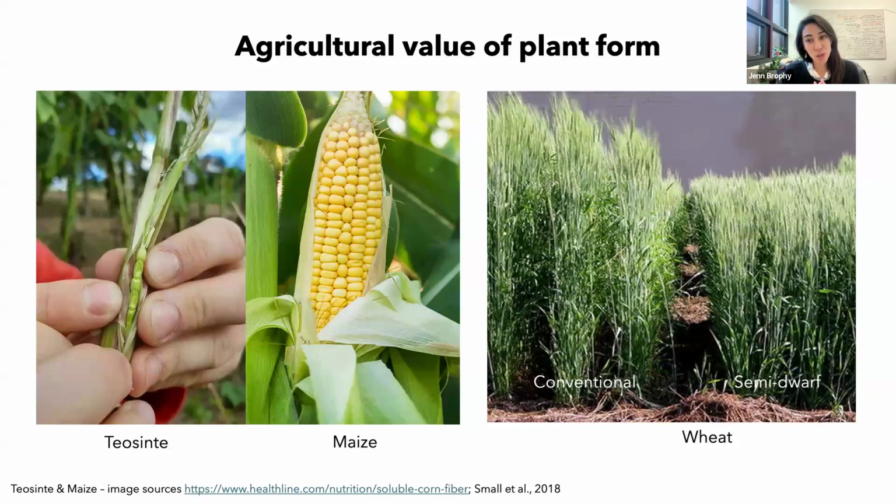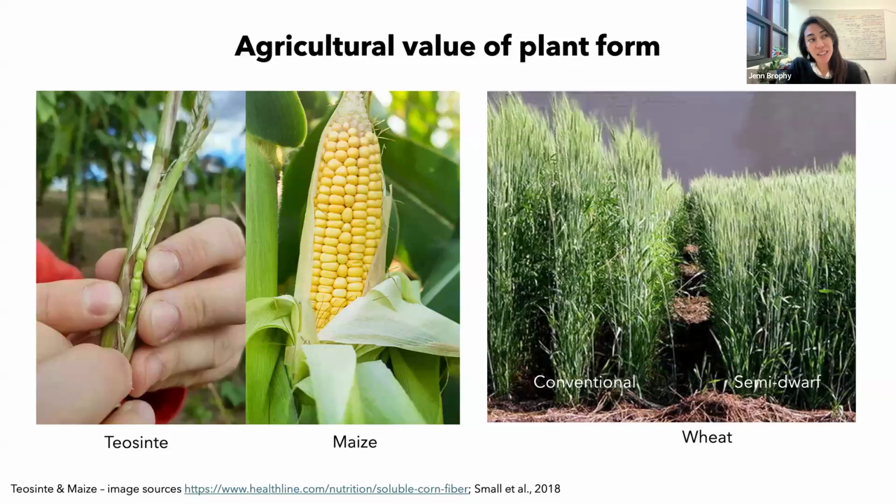On the right is a dwarf wheat plant, which helped usher in the Green Revolution by allowing farmers to apply massive amounts of fertilizer to their fields and get an increase in grain yield instead of just more straw biomass. What's exciting about these two examples is that the changes in shape are both the result of changes in DNA sequence. So as synthetic biologists, I think you can see this as an opportunity to apply some of these synthetic biology skills towards changing biological shape or plant shape.